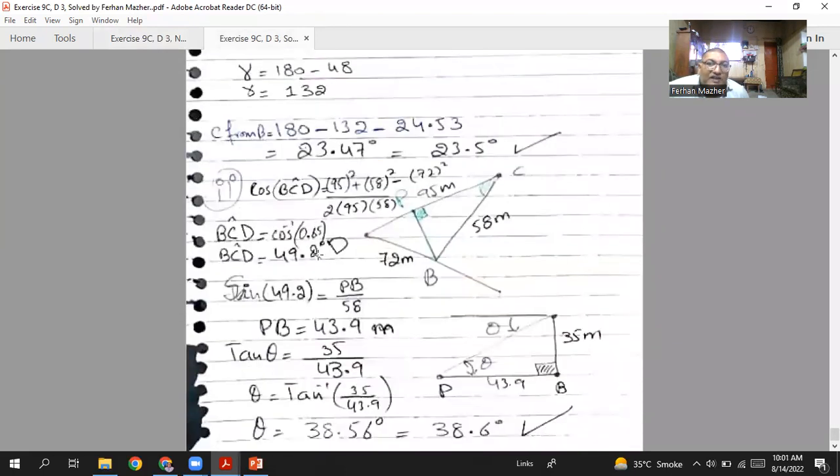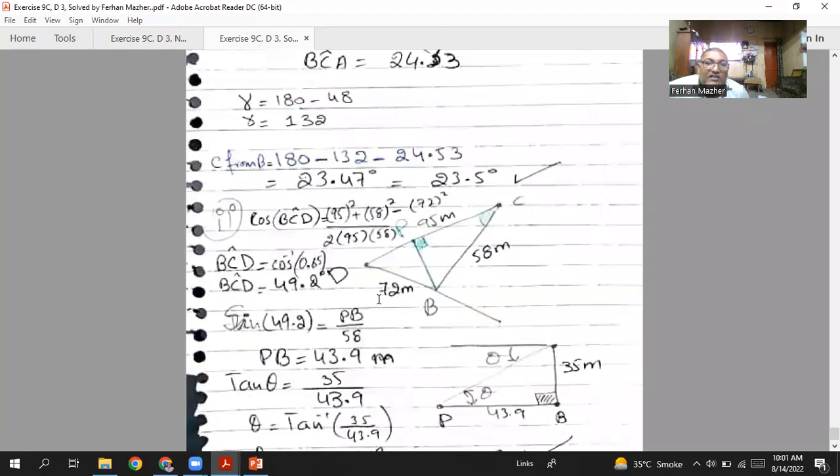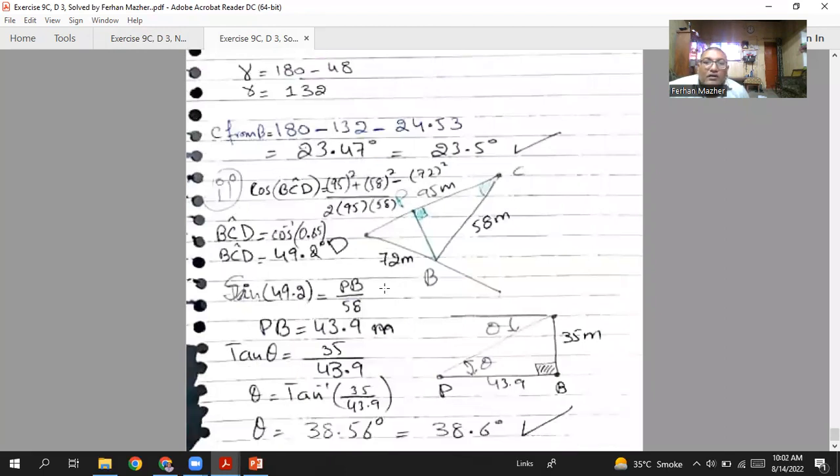For that purpose, we have to do some calculation. So here we go. First of all, I need to find out how much this angle is. Okay. So this is a triangle, and we are talking about the DBC triangle. Its three sides are given. This is 72 meters. This is 58 meters. This side. I will calculate how much this angle is.